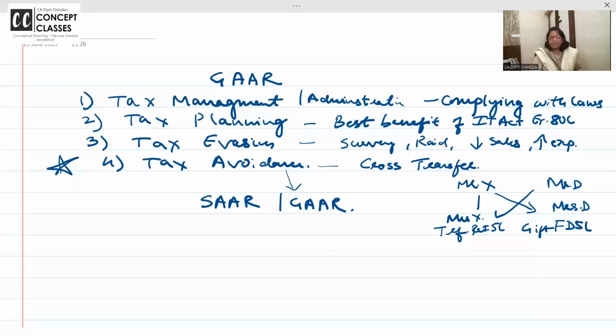So in short, that's why a gift above 50,000 to an unrelated person is taxable in income from other sources.